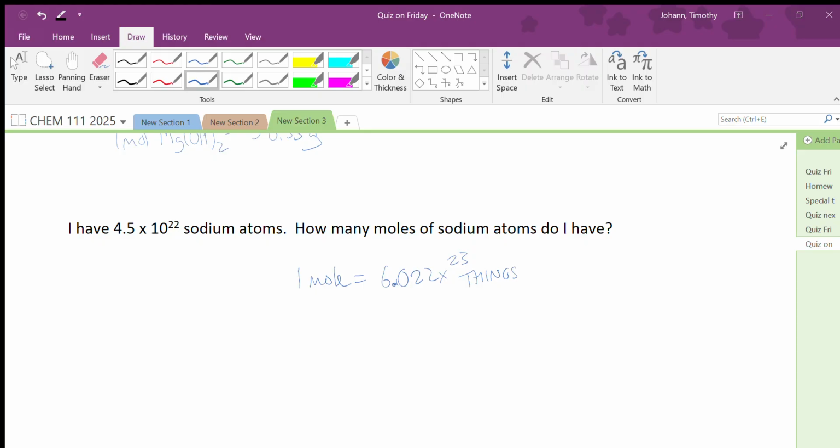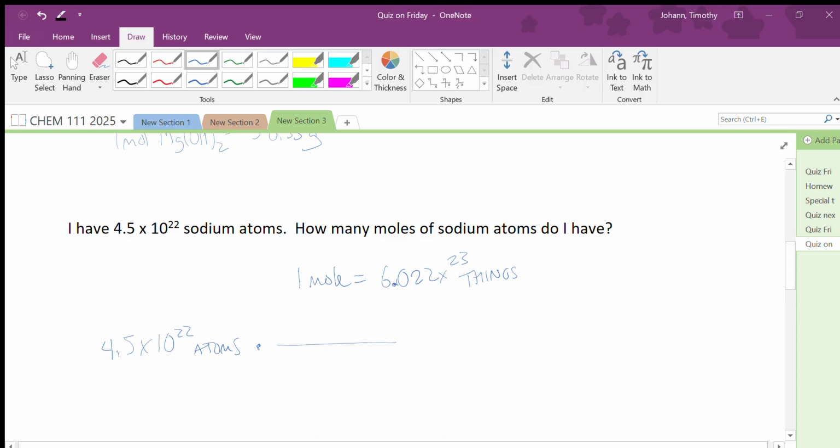We're going to set this one up. So what I've got as a given is 4.5, so you should have set it up like this. The given's 4.5 times 10 to the 22nd atoms. Times my conversion factor.